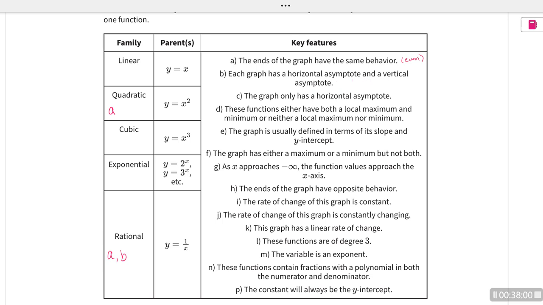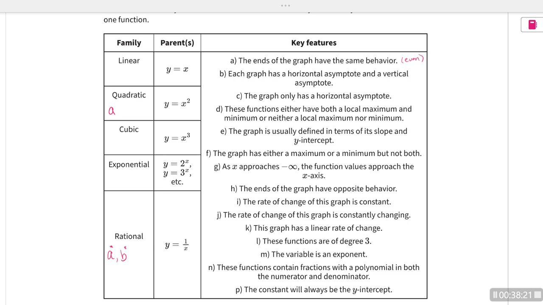So that one's, again, a little bit of an asterisk on it. So I'm going to put little asterisks on both of these because they can look linear when we simplify them. It ends up being a hole instead of an asymptote. So not every rational function has both of those.